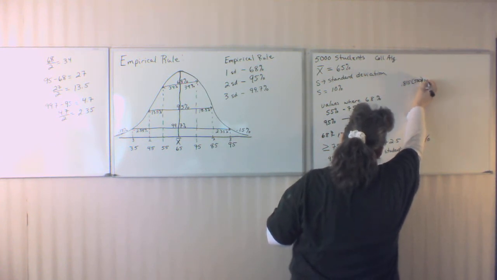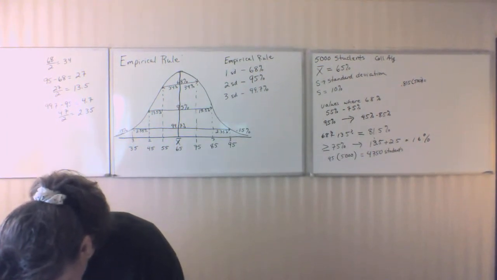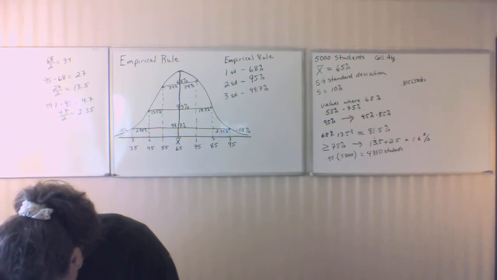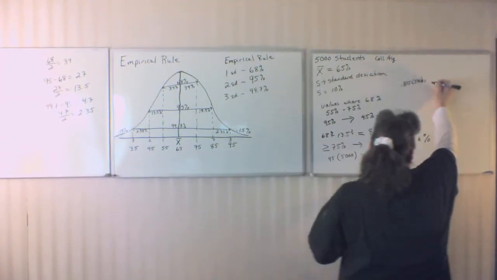Oops, one more zero. And that's going to give me how many students? That's going to give me 4,075 students.